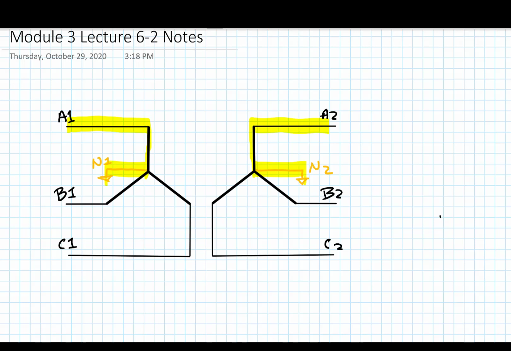We could very easily convince ourselves that we can analyze this single line to neutral circuit for phase A, and whatever we get on that phase from the standpoint of a balanced system, understanding the voltages and currents that might be applied to a load or coming from a source connected to this transformer, we could figure those out for one line to neutral on each side of the transformer.